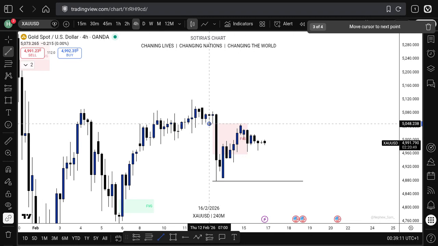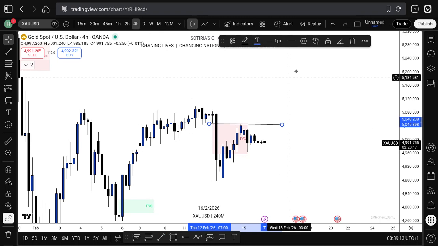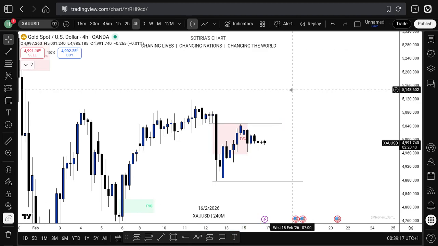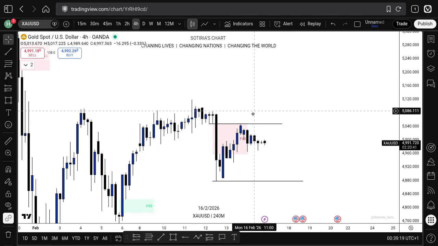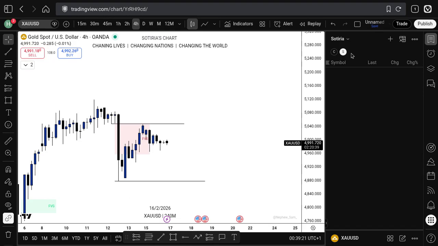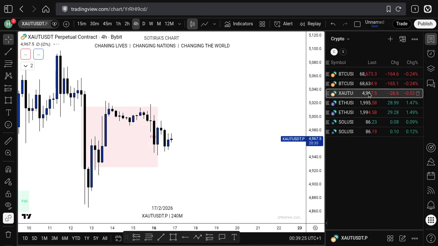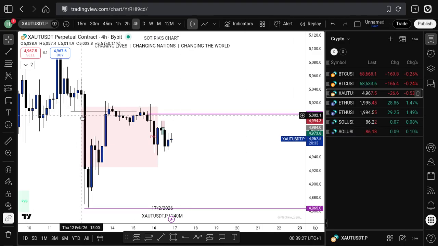But if you check our crypto pair, which was open during the weekend, you notice that price tapped into it during the weekend. So let me move over to this, which is this one right here. You can see that price tapped into this level during the weekend.